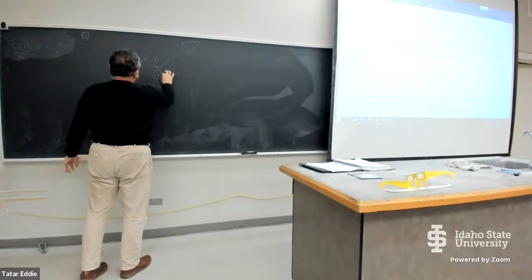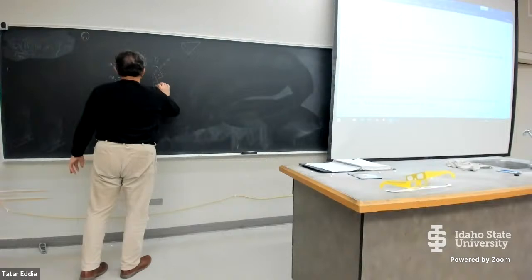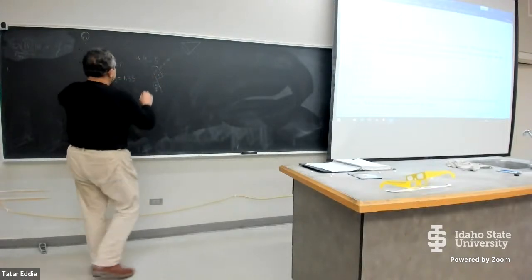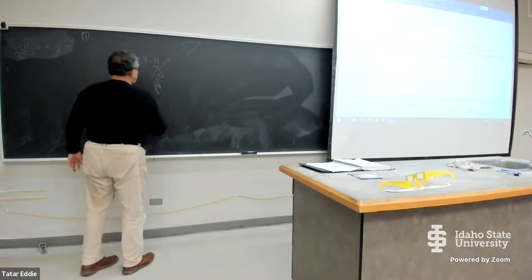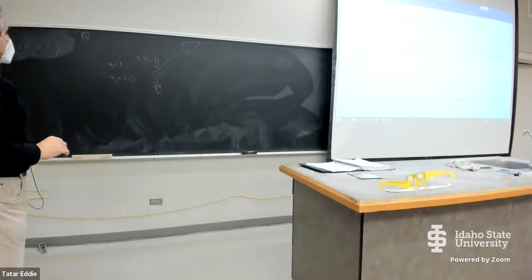If this is 90 degrees, and this is the angle theta 1, with subscripts 1 and 2, then theta 2 is the angle for the refracted light ray.